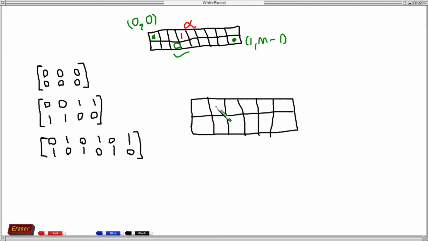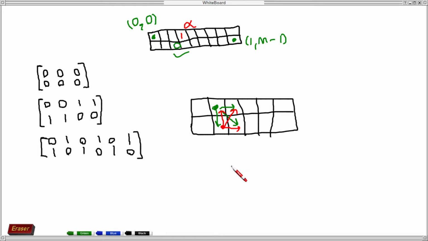If we are at this cell, then to reach close to our target we would like to go to this or this or this one, and if we are on this cell, then we would like to reach this cell or this cell or this cell.